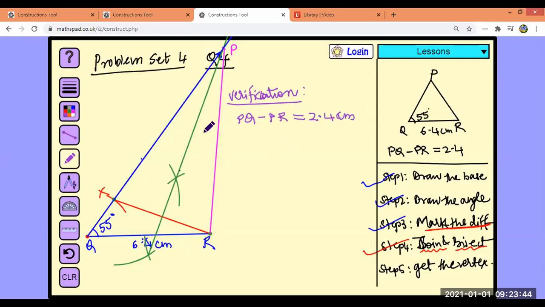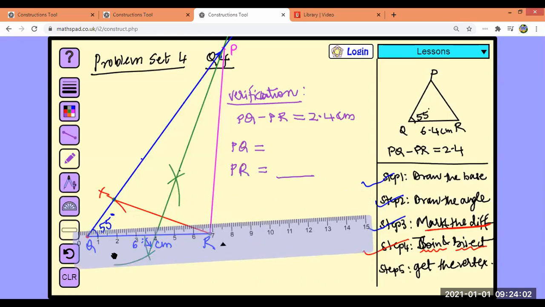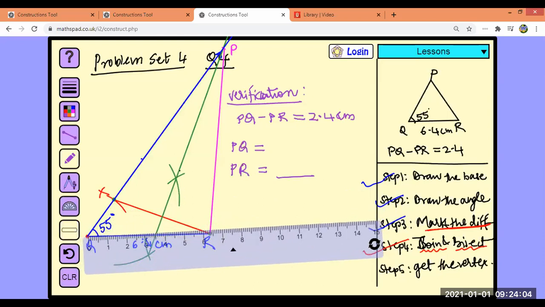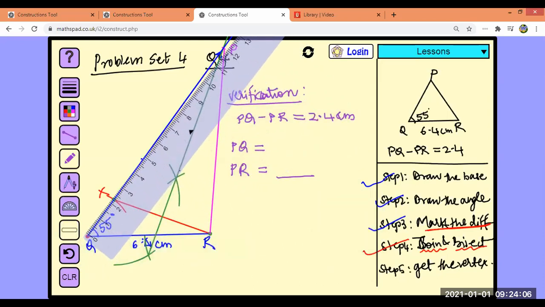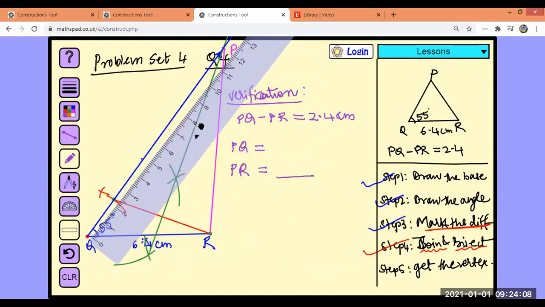Let us check if we get that difference. So we first find PQ, then find PR and subtract them to check if we get 2.4 centimeters. So here, using a ruler, we are going to place it like this and measure the side PQ first.